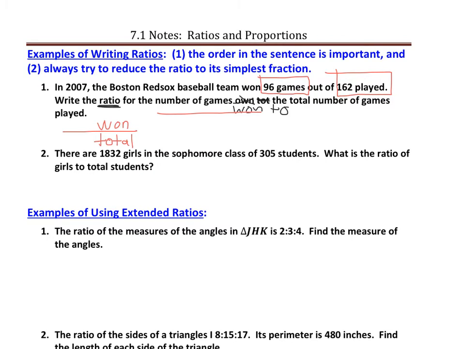Just be careful with that. 96 games won to a total of 162. You should always simplify if you can, and we can here. 96 and 162 are both divisible by 3, so that would be 32 wins to 54 total.